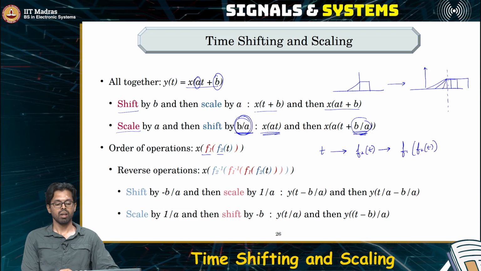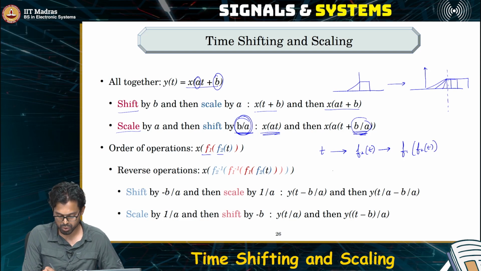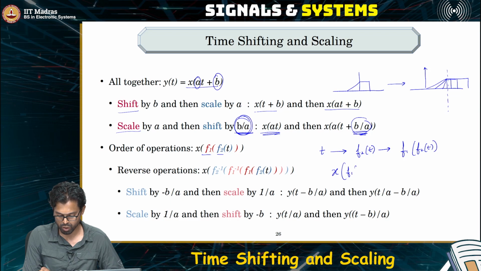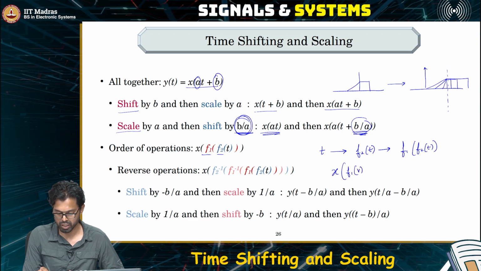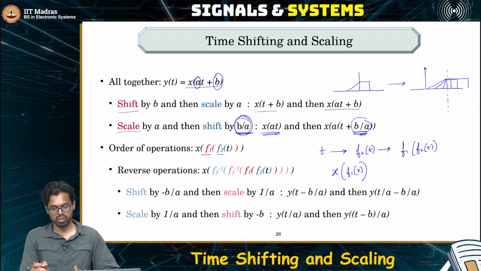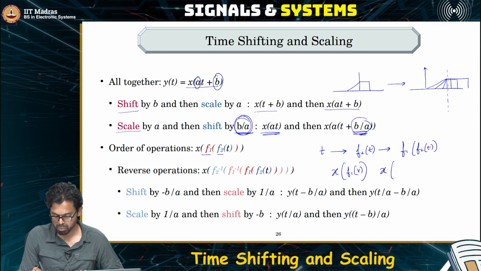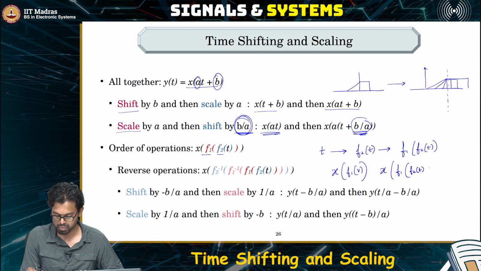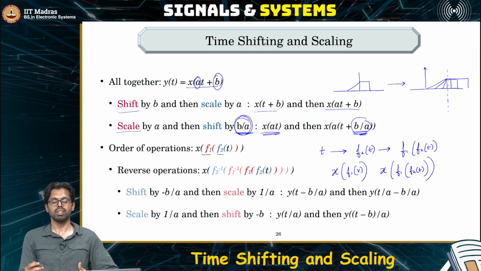Then when you plot, what do you first plot? You plot x of f1 of some variable v, and how is this variable v obtained? You obtain it as f1 of f2 of the time.